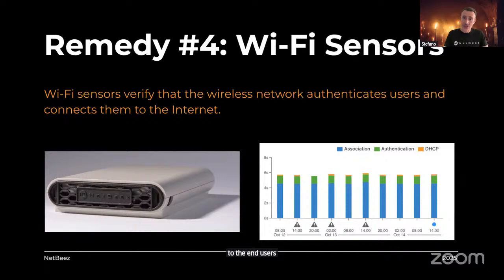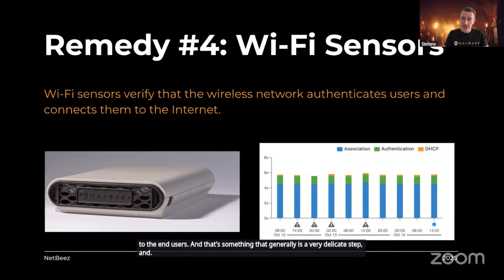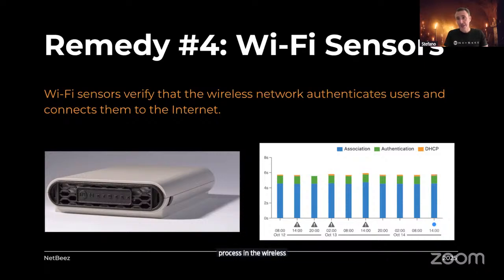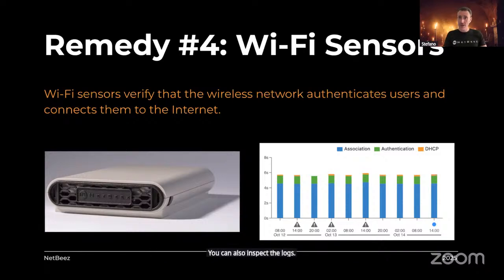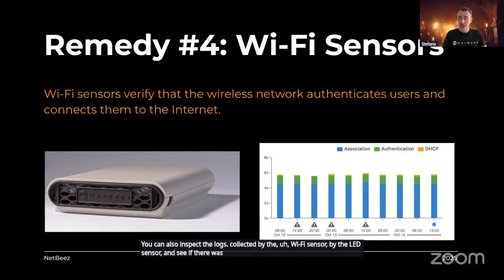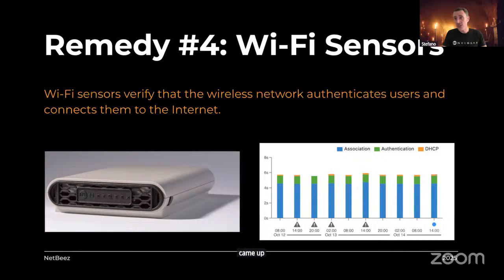And that's generally a very delicate step and process in the overall wireless connectivity of remote users. And NetBees provides not only the timing, but if something goes wrong, you can also inspect the logs collected by the NetBees sensor, and see if there was any problem that came up during the association, authentication, or DHCP.